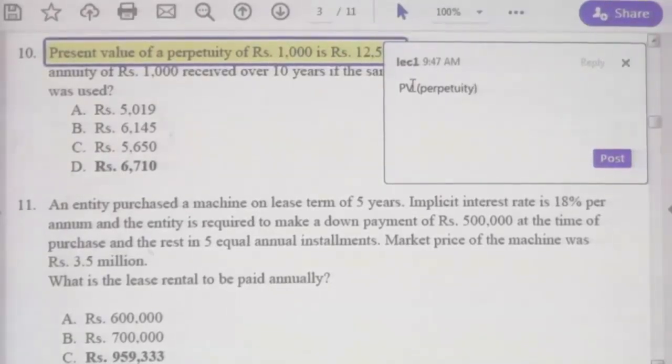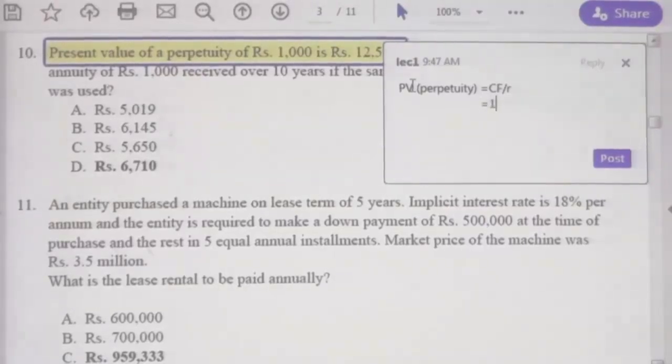The cash flow goes up to infinity, so the present value equals the cash flow divided by the rate, right? Cash flow divided by rate. Therefore, we can calculate it like this.